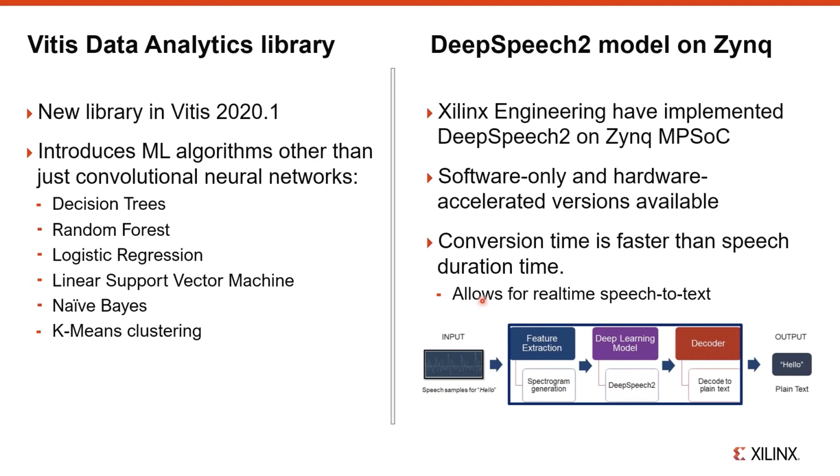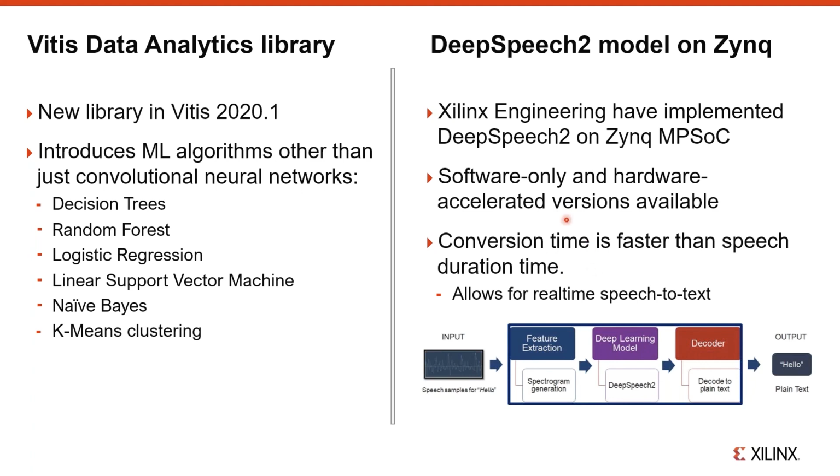We actually have two versions, a software-only version, which runs purely on the ARM processors, and then two hardware accelerated versions: a floating point version and a quantized integer version. And you can get any of those and do real-time conversion of speech into text.